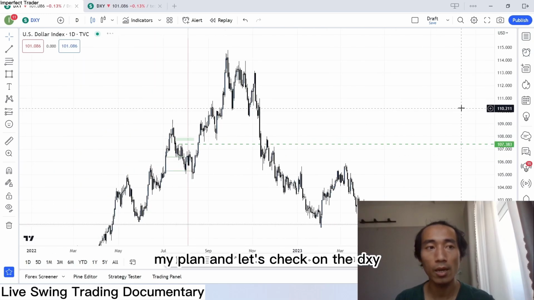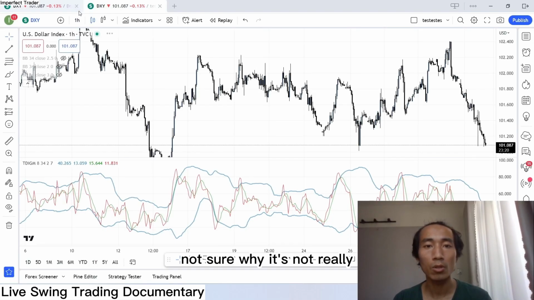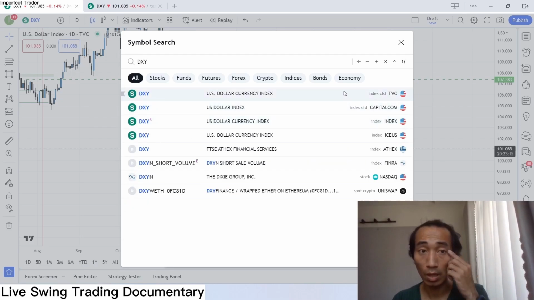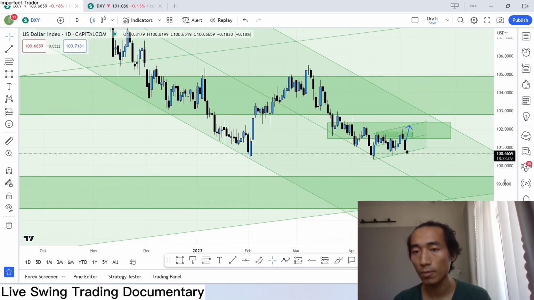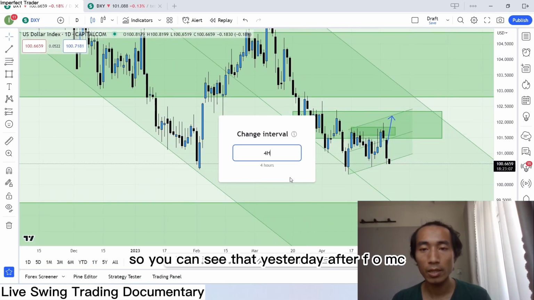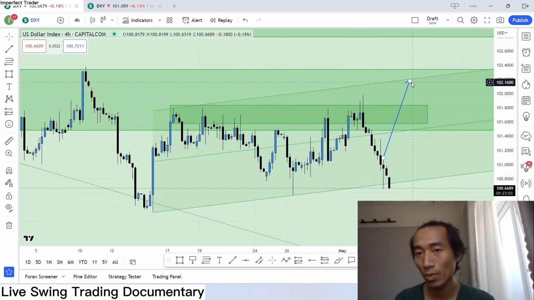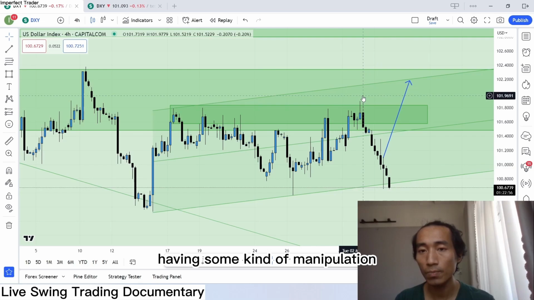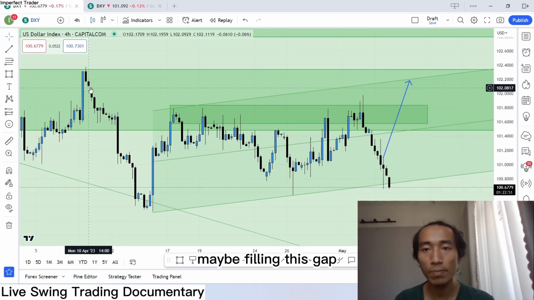Let's check on the DXY. Here is our analysis. You can see that yesterday after FOMC, I was expecting that in the worst scenario price would move up, with some kind of manipulation, trying to take out the high up here, maybe filling this gap.